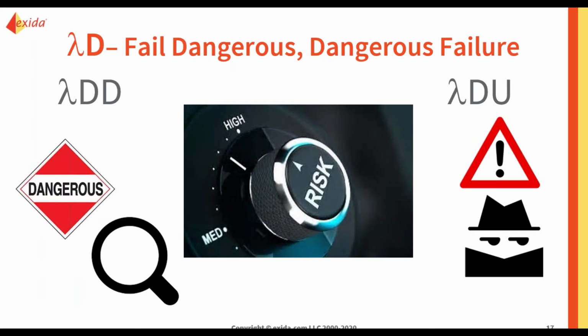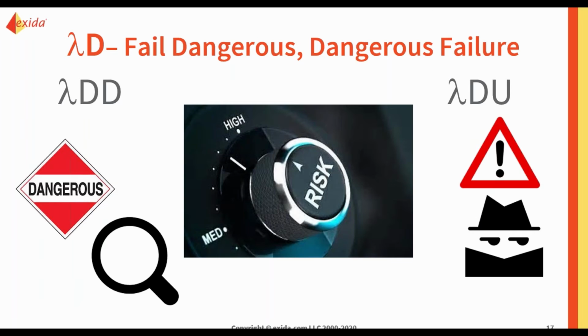But once again, if you have detected those failures and you have those DDs, those will give you the opportunity to act or to fix it before you completely are in trouble and have no safety system. So having dangerous detected failures are much better than those scary, scary DUs.